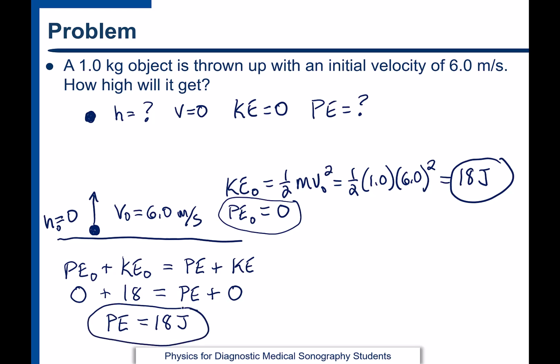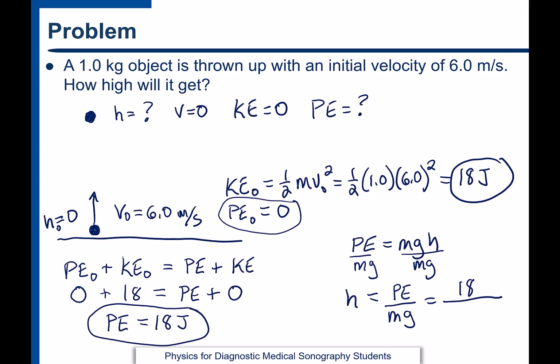And so now we can take that and figure out the height. We know that potential energy is mgh. And so if we divide both sides by mg, we learn that h is equal to the potential energy divided by mg. So we can do that math. We have 18 divided by 1 times 9.8. And if you calculate that, you should get a final height of 1.8 meters.